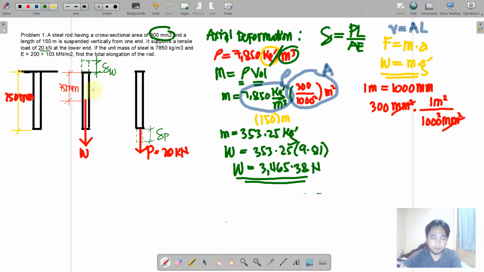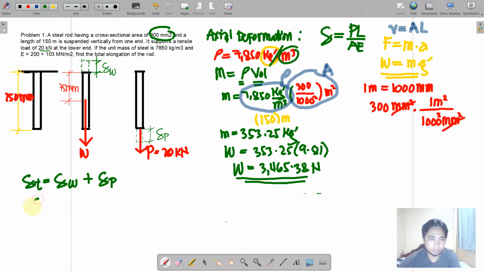Okay, so out of this there will be two deformations or two elongations. Number one, it is caused by the weight, and the other one is caused by the pull at the edge of this rod. So therefore, you can say that the total deformation or the total stretch is caused by delta caused by the weight and delta caused by the pull at the bottom.